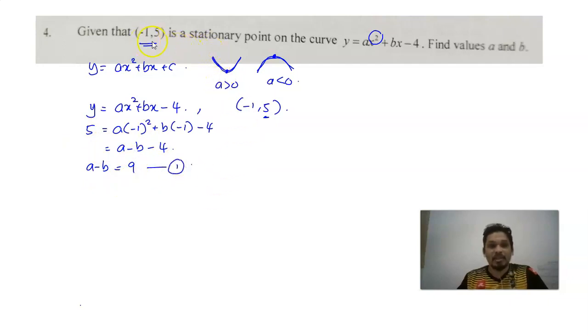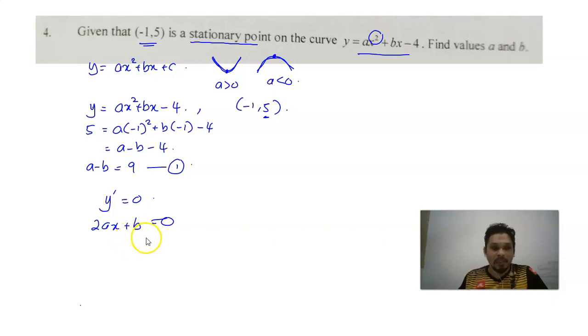Okay, we mentioned there is a stationary point on the curve, so it means that we're talking about y prime or dy/dx equal to 0. So y equals ax squared plus bx plus c. Differentiate this and we come out with 2ax plus b equal to 0.